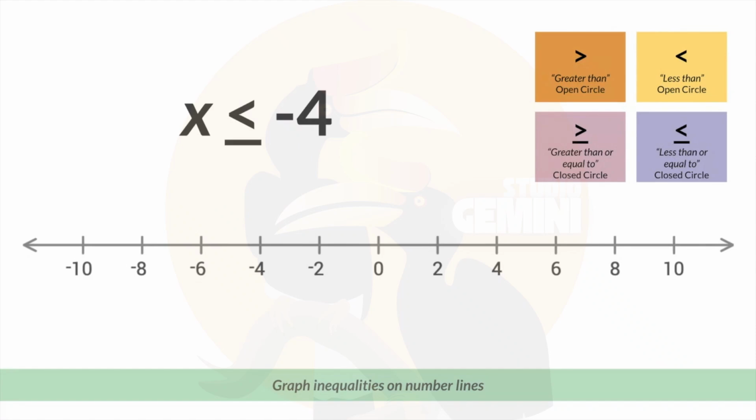That means that -4 is included, so we want to use a closed circle at -4. Next, since our inequality symbol is a less than or equal to symbol, we want to highlight all values to the left or all values that are less than -4. So this graph shows the inequality statement, x is less than or equal to -4.